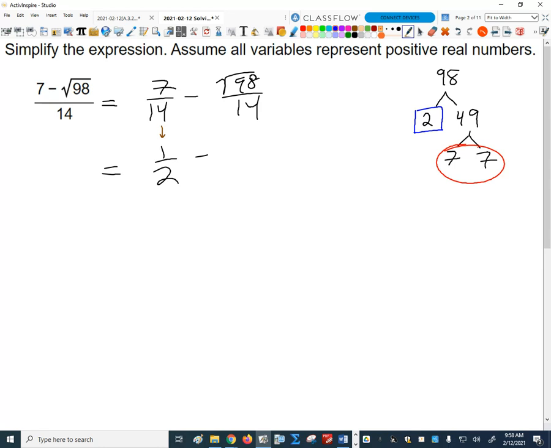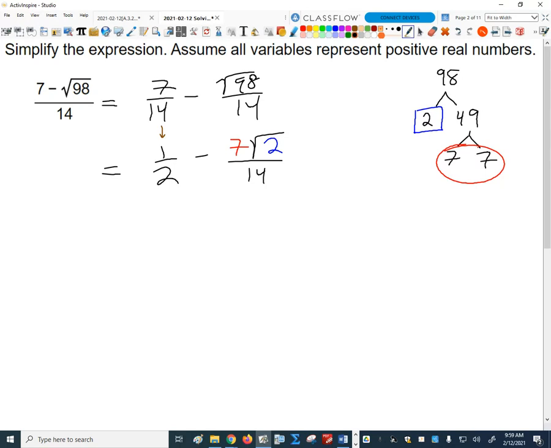So the square root of 98 then is going to become 7 times the square root of 2, because couples go out and singles stay in, right? Divided by 14. Can I do anything with that? You can simplify the 7 over 14 to 1/2, but then you take away the 1, so it's just going to be square root of 2 over 2. There you go.